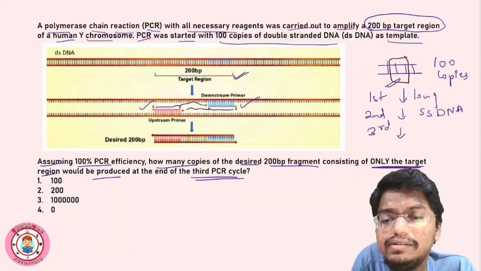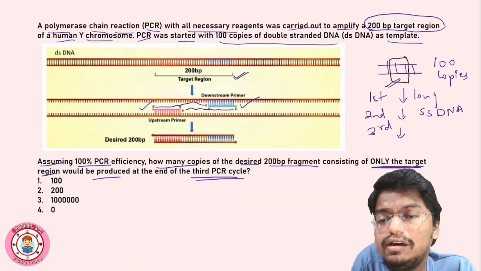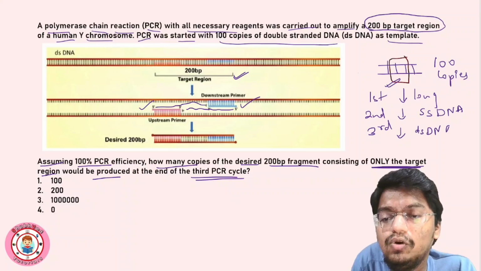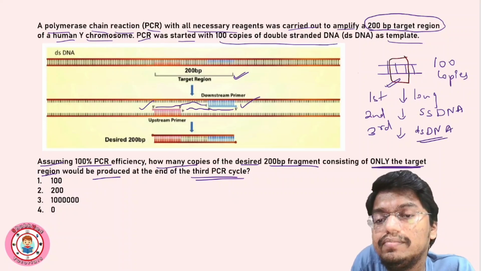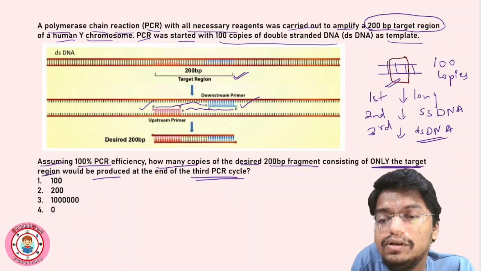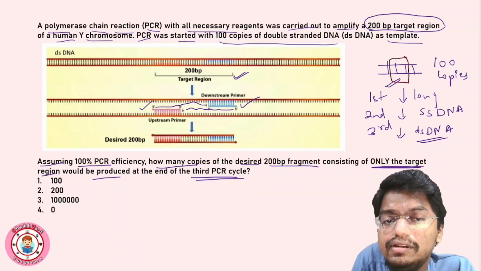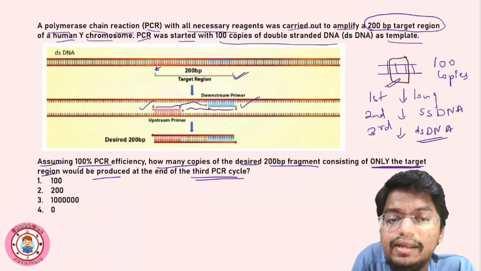After the third cycle, we will get the double strand DNA of this target region. Okay, and they have asked only about the third cycle. So after the third cycle, we will find the double strand DNA of the target region, that is 200 base pair DNA.